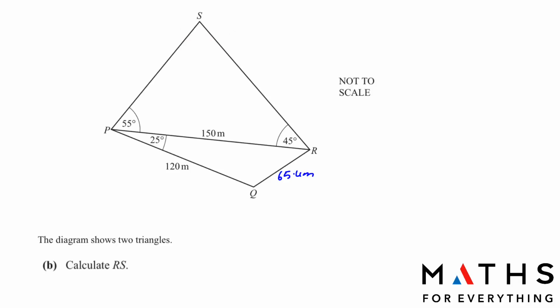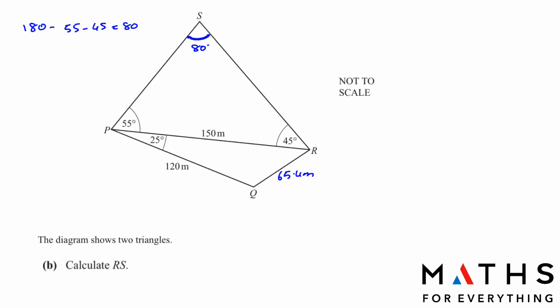We can find that by using the property that when you add all of the angles in a triangle, it equals 180. So I can subtract from 180 the two angles that I have, which is 55 and 45. I will get 80. So this angle is 80 degrees.